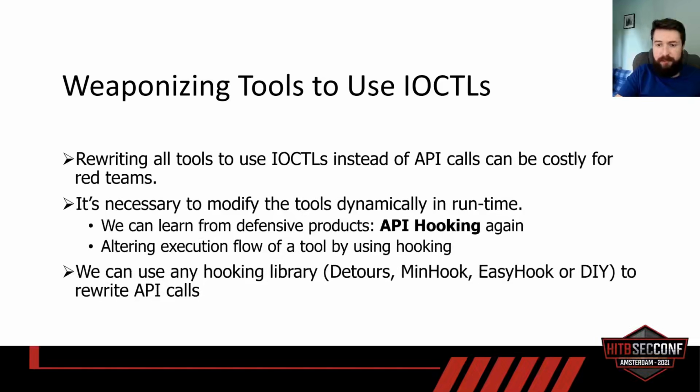For this purpose, we can use API hooking, this time for changing the execution of our own offensive tools or processes. By using a hooking library of your choosing, you can redirect your API calls to sending IOCTLs to the Process Hacker driver.